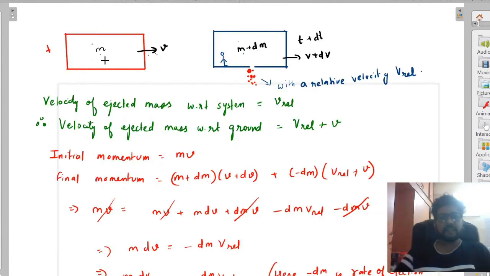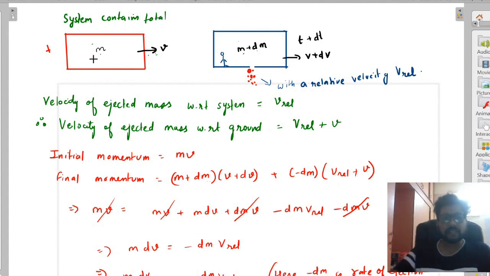Now see, your system contains the total mass. That means the mass which was initially present and also the mass which is ejecting. So the system contains the total mass.